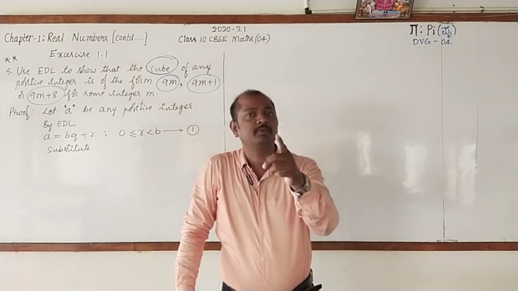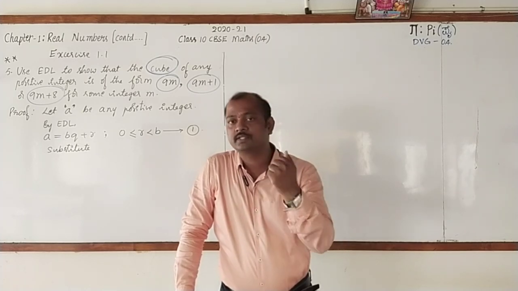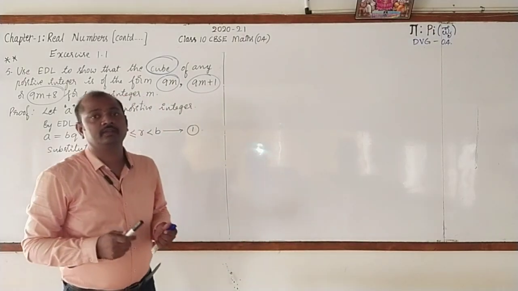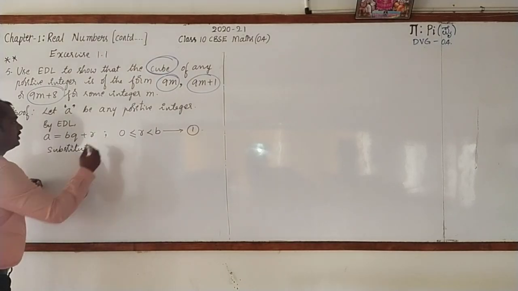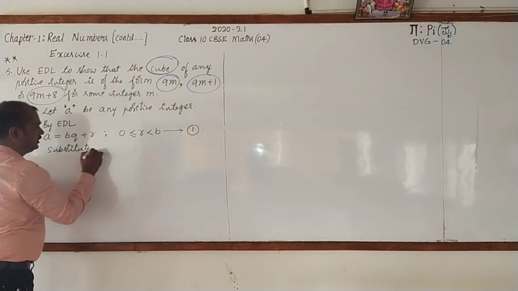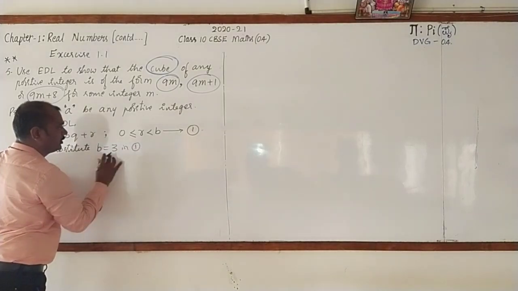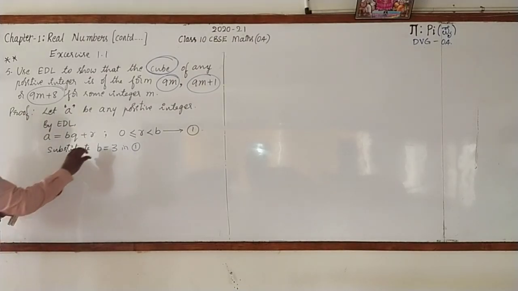Is there any relationship between 27 and 9? Yes, you are right. We know that 27 is a multiple of 9. Hence, you can take 3 in place of b. Here I write: substitute b equal to 3 in 1. In this problem particularly I am using the blue color, only for the changes we have made.